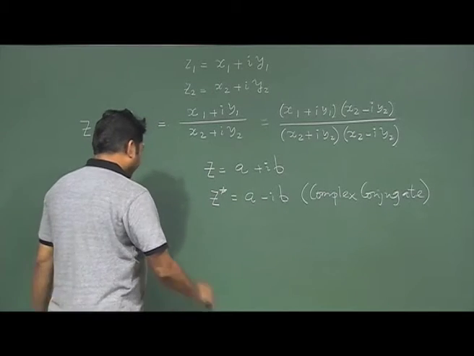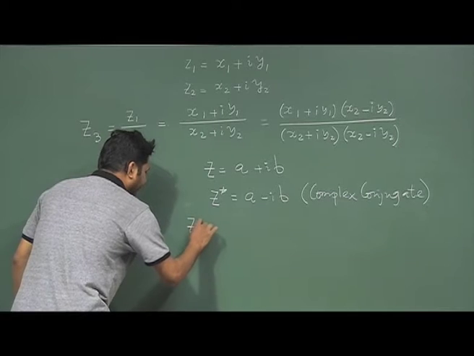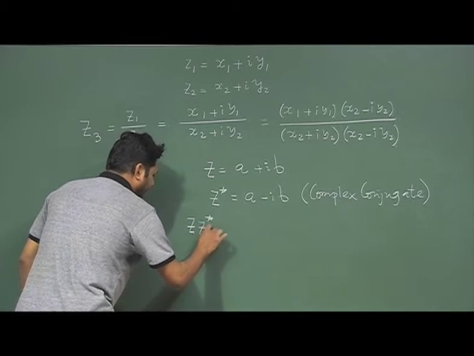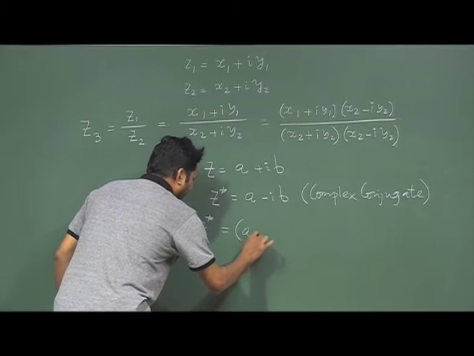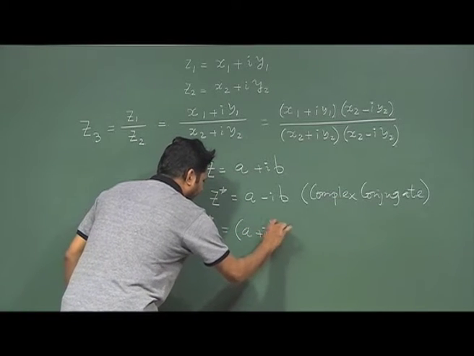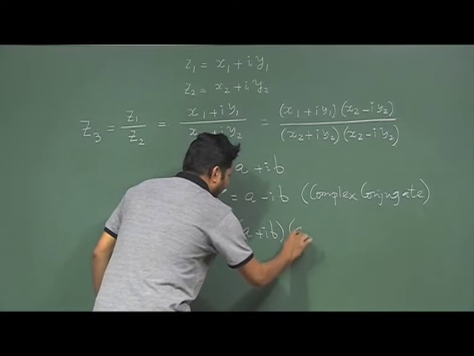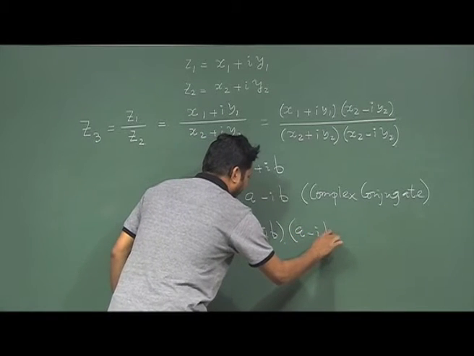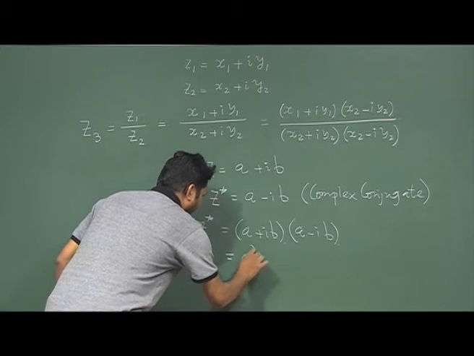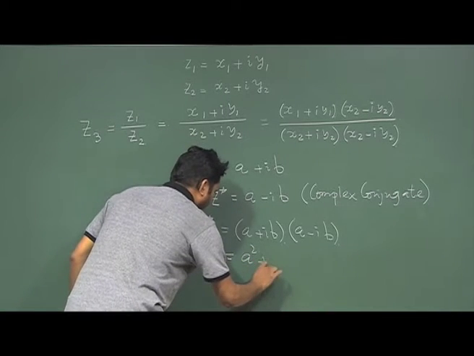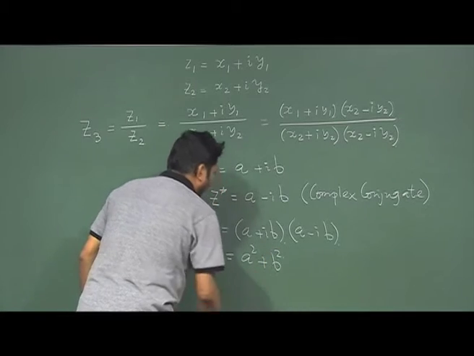The interesting thing is that if I multiply Z into Z star, then I will have A plus IB multiplied by A minus IB, which is equal to A square plus B square.